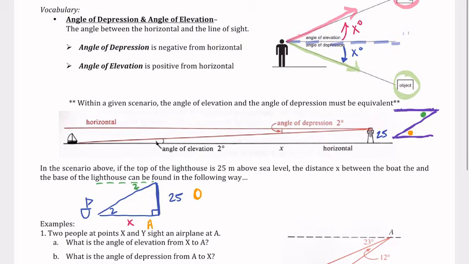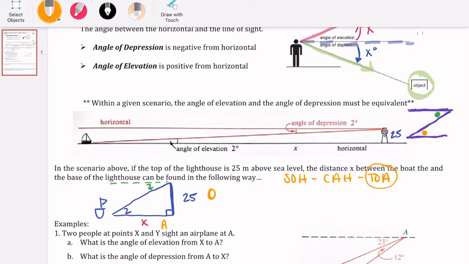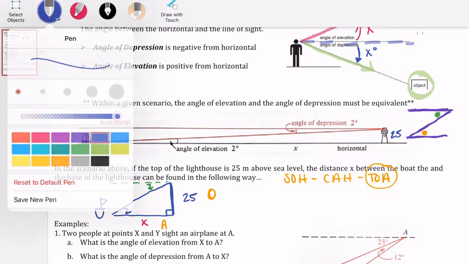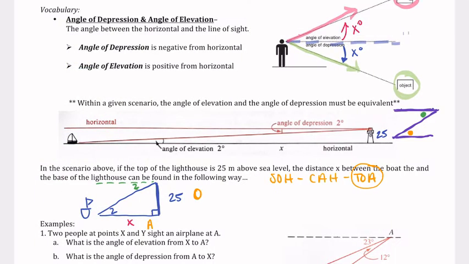So this is a good place to remember your SOHCAHTOA, S-O-H-C-A-H-T-O-A. O and A means we need to use tangent. So remember, when you set this up, do tangent of your angle, 2 degrees, equals your opposite, 25, over your adjacent, x. X is on the bottom, so this needs to turn into division.